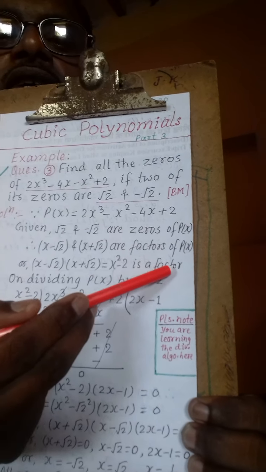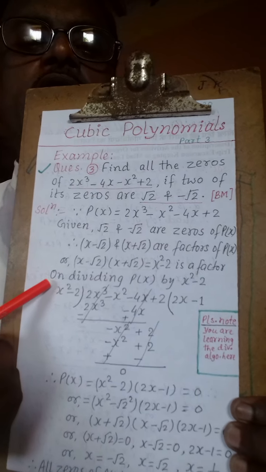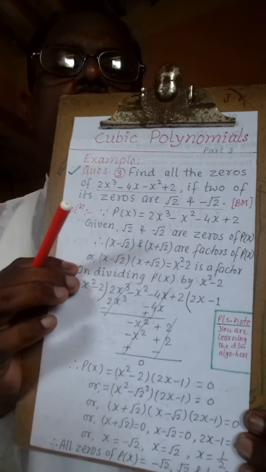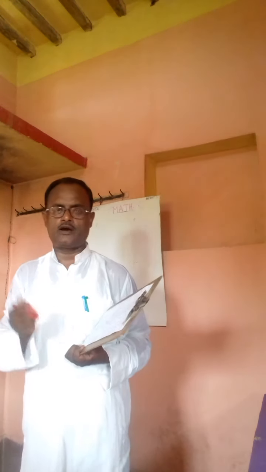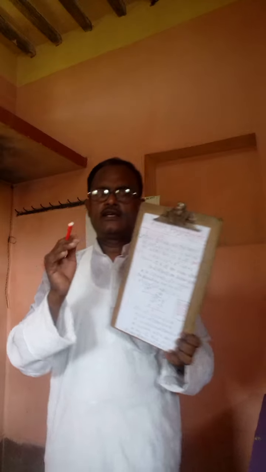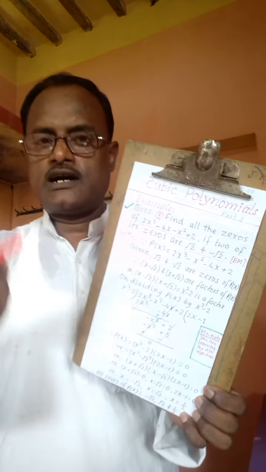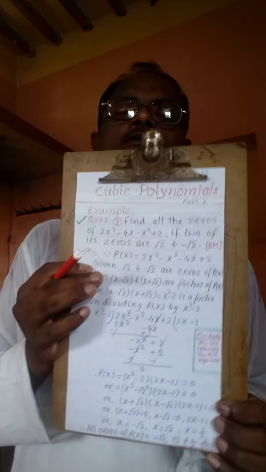This is a factor of p(x), and on dividing p(x) by x square minus 2, here we divide the given polynomial by this factor x square minus 2 for getting another factor. So you can watch the division process. Here this is a chance for learning the division also.